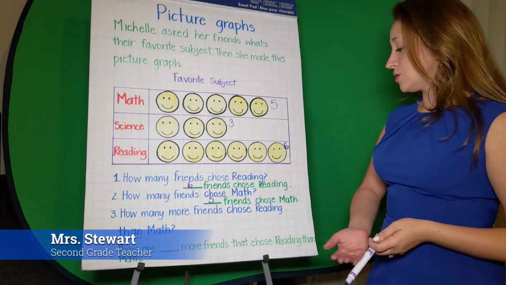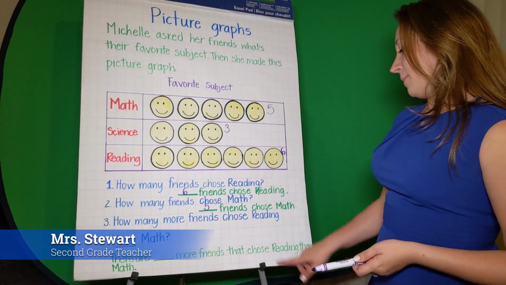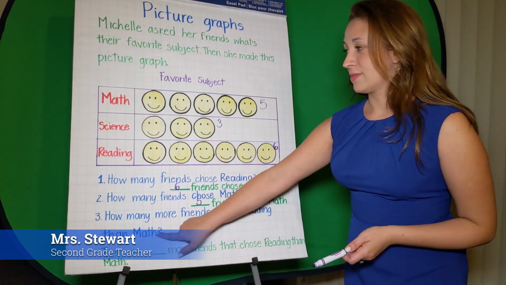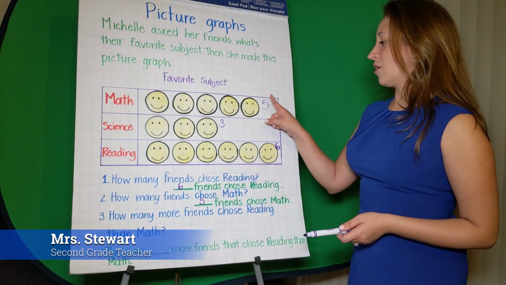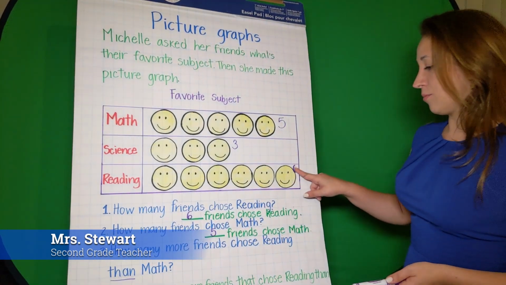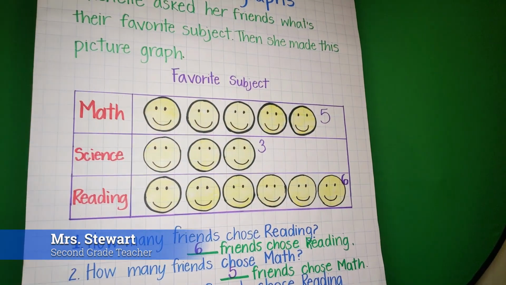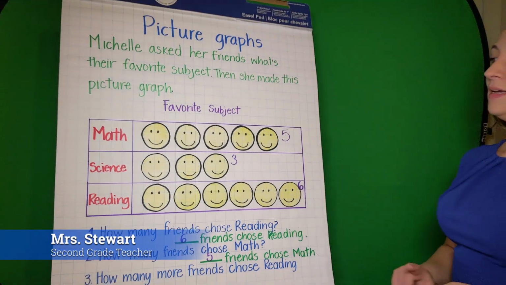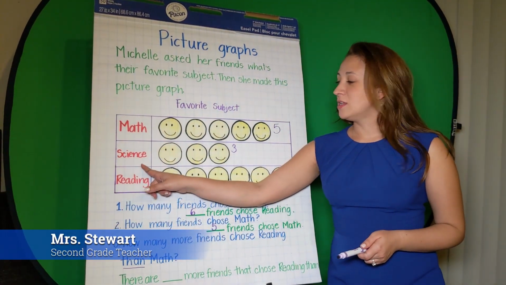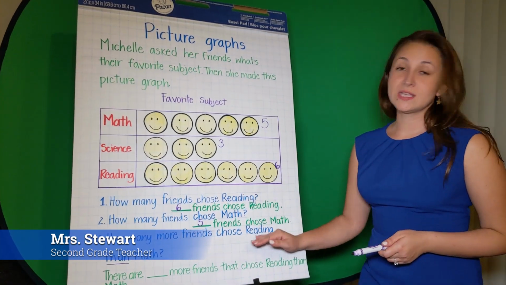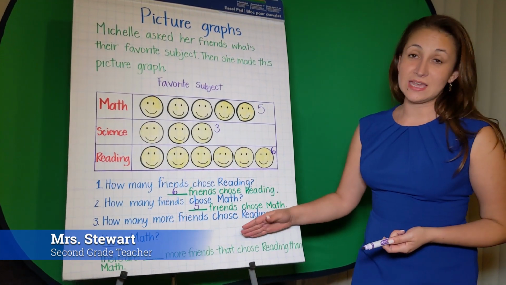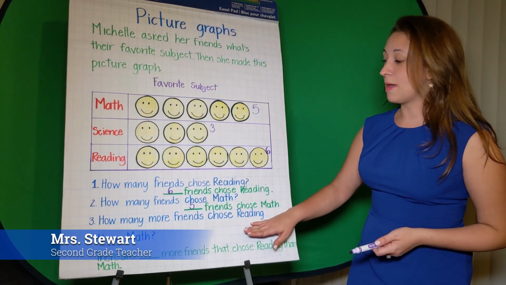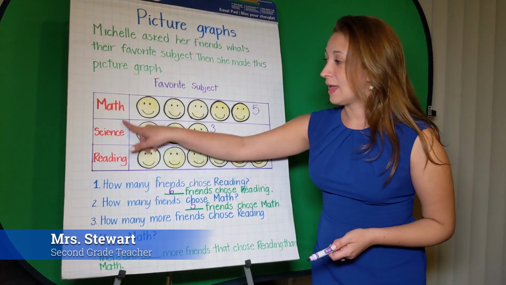So what are we going to compare? We're going to compare reading and math. So that means we're going to look at the number for reading and the number for math. In this case, we're not going to look at science because our question is not asking to compare science. Remember, only reading and math.